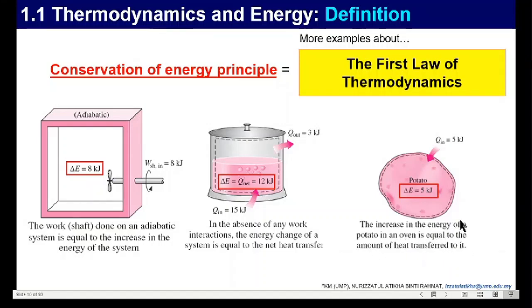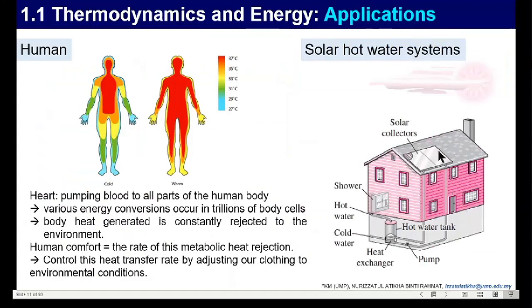Alright, so now let's see applications of this first law of thermodynamics. For example, for humans, we have the heart pumping blood to all parts of the human body. Various energy conversions occur in trillions of body cells. Body heat generated is constantly rejected to the environment.